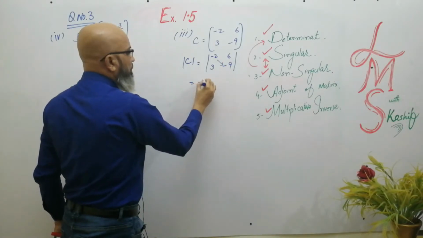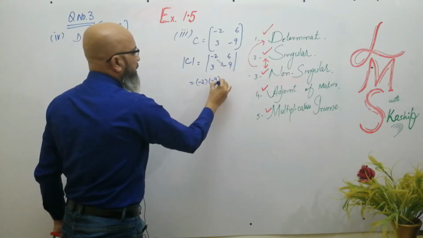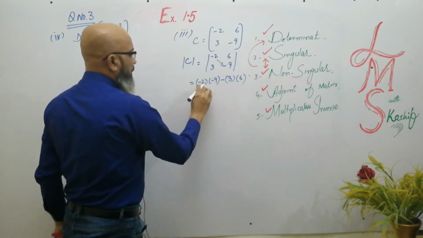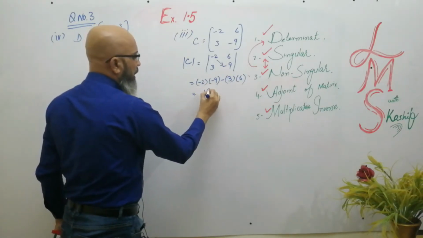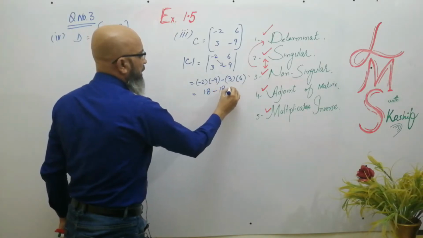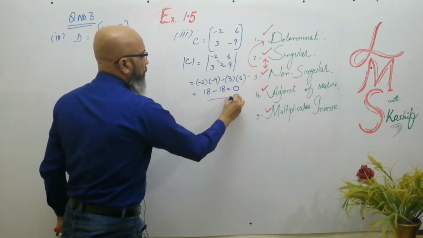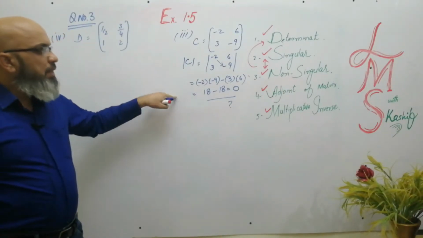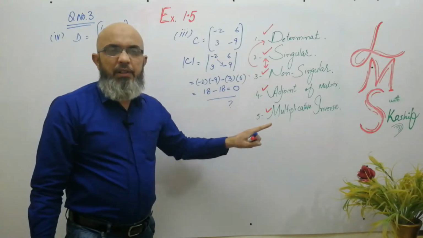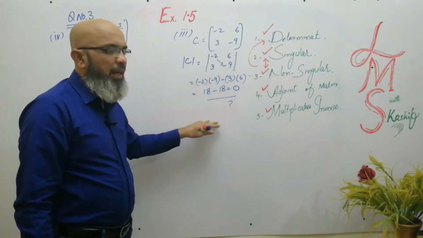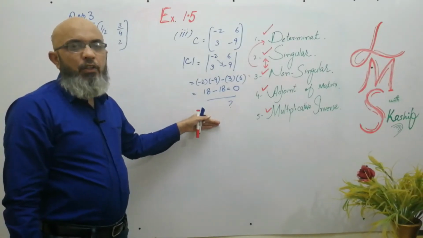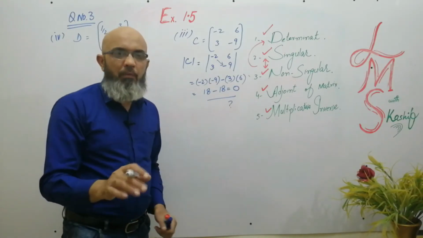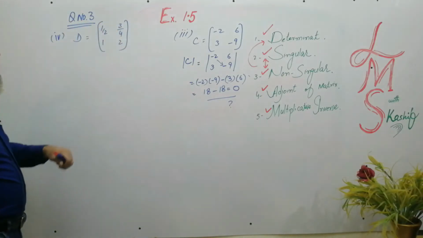Multiply this one, -2 into -9, minus 3 into 6, minus minus plus, 9 twos are 18, minus 18, that is equal to 0. What does it mean? It is a singular matrix, so its multiplicative inverse does not exist. Simply you will write a line, it is a singular matrix, so its multiplicative inverse does not exist, and you will get full marks.